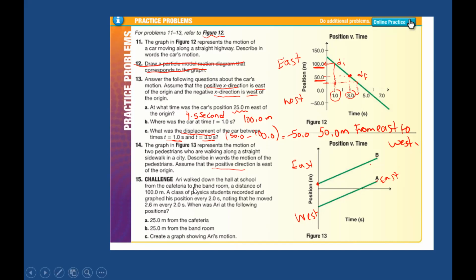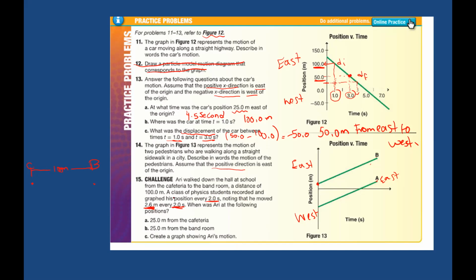Now, Ari walked down the hall at school from the cafeteria to the band room, a distance of 100 meters. A class of physics students recorded and graphed his position every 2 seconds, noting that he moved 2.6 meters every 2 seconds, meaning that this is his speed.